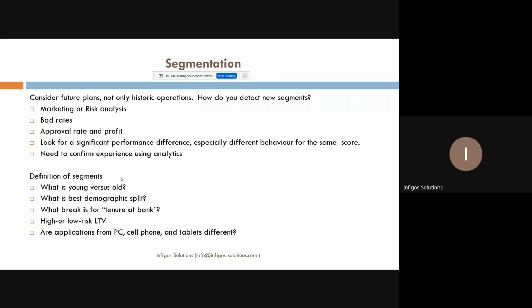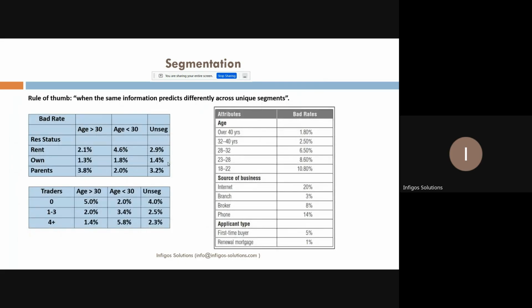So these are again the same kind of slide. Bad rate example, like age less than 30 is 2.1%, 4.6%, and another segment 2.9. If you make one scorecard for them, you will not get a homogeneous population, because these guys who are less than 30 are going to default more.